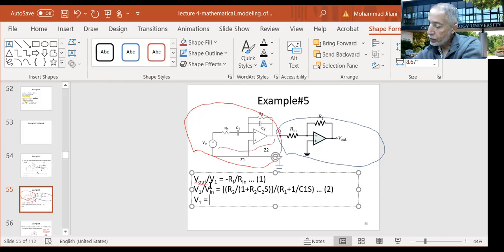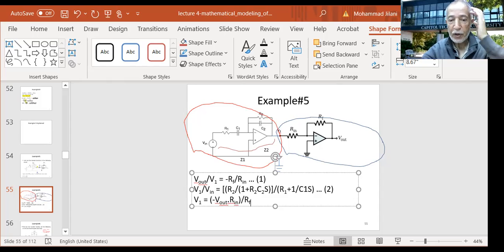V1 equals minus V out Rn divided by RF. So V1 equals minus, because there is minus there, V out times Rn and all divided by RF. This is what V1 is.